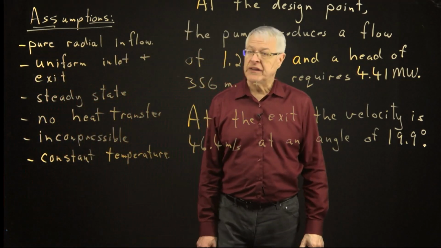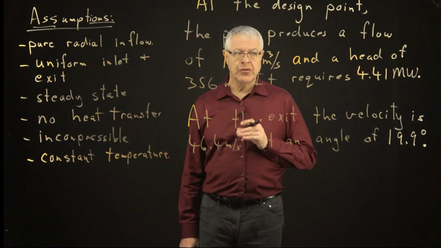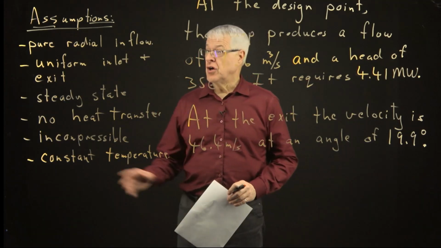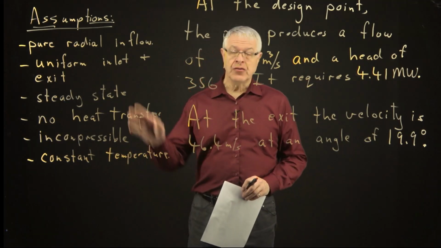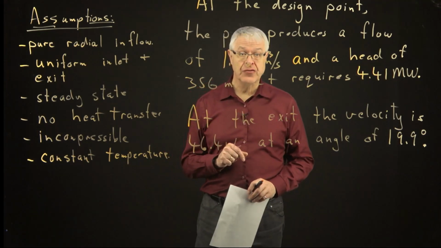So we have uniform inlet and exit, we have a steady state analysis, no heat transfer with the surroundings, the substance is incompressible, and it's operating at constant temperature, right? So those are all the assumptions inherent in the Euler's equations that the analysis was based on.